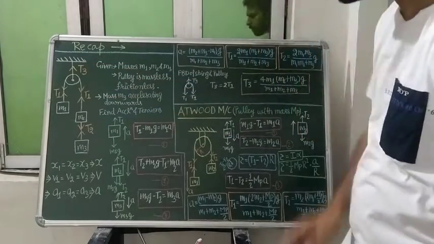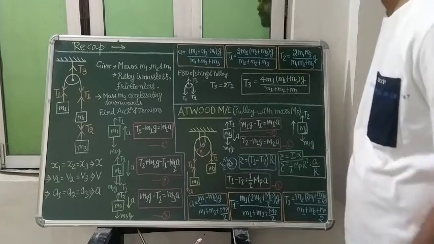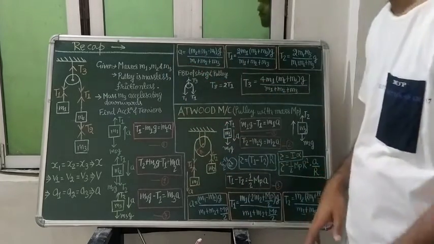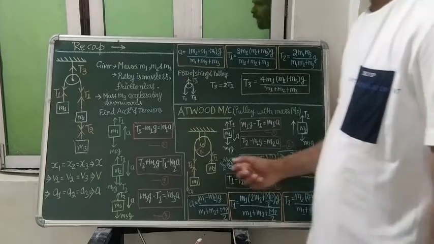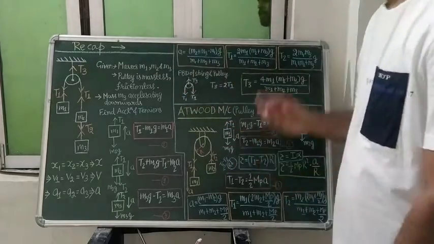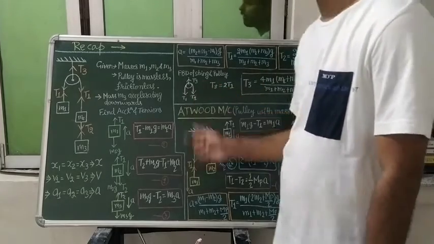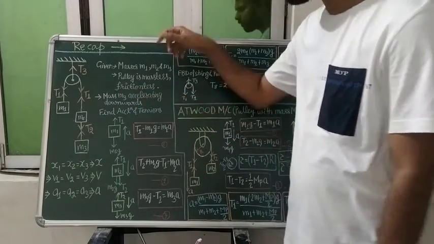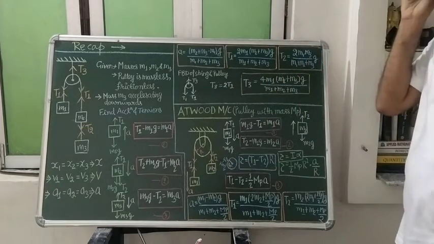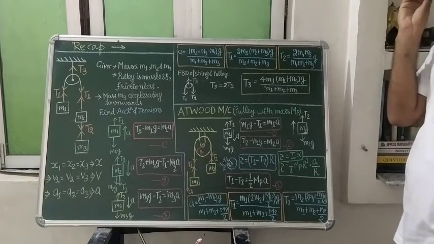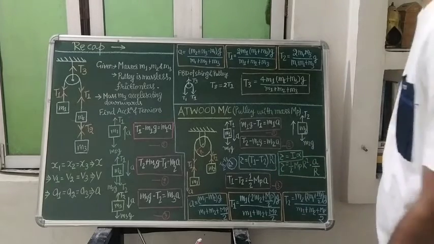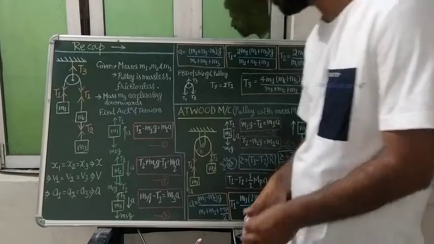The masses M1, M2 and M3 are given in our problem, and the pulley is massless and frictionless. Mass M3 is accelerating downward. The problem asks us to find the accelerations and tensions.